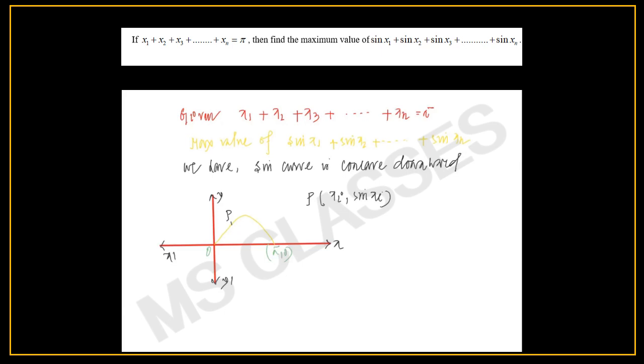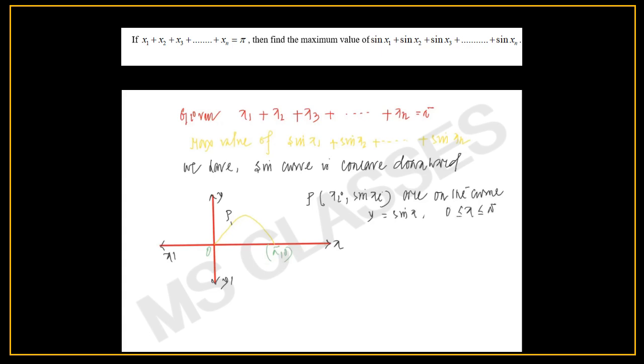The point P is just one point, but here I can vary. It is not only one point, a number of points are on the curve y equal to sin x, where x is greater than or equal to 0 and less than or equal to pi.